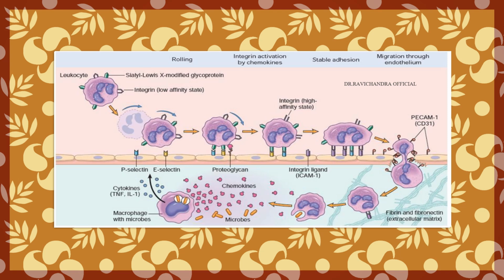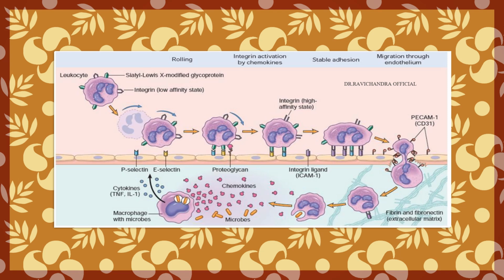So this is a picture showing how a leukocyte will marginate, pavement and attach to the endothelium or platelet. There will be sialyl Lewis X modified glycoprotein present on the leukocyte. There will be integrin on the leukocyte. E-selectin will be present on the endothelium and P-selectin on the platelet.